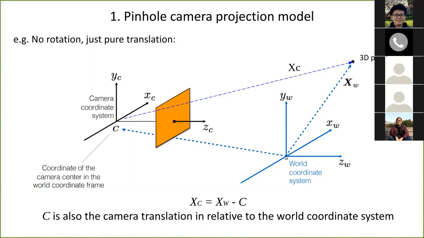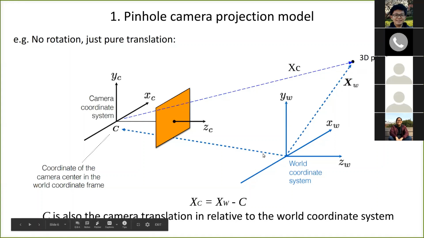But this is not actually the translation that we map this 3D point XW to XC, since, as we talked about before, this transformation is denoted as T, and T equals minus C.